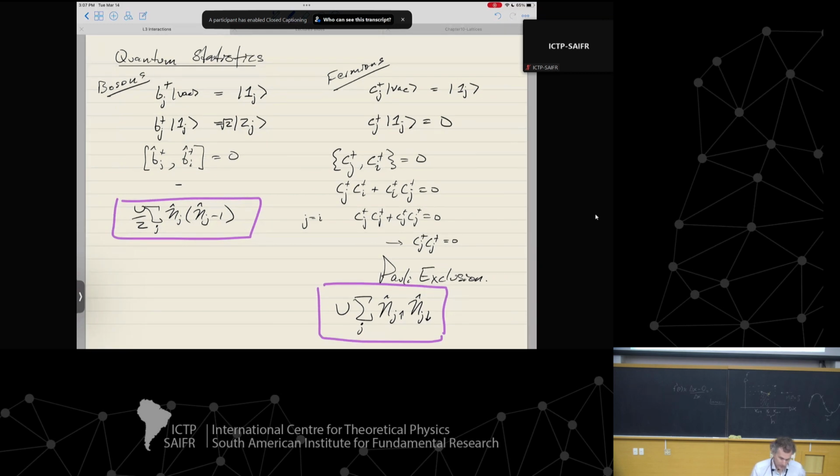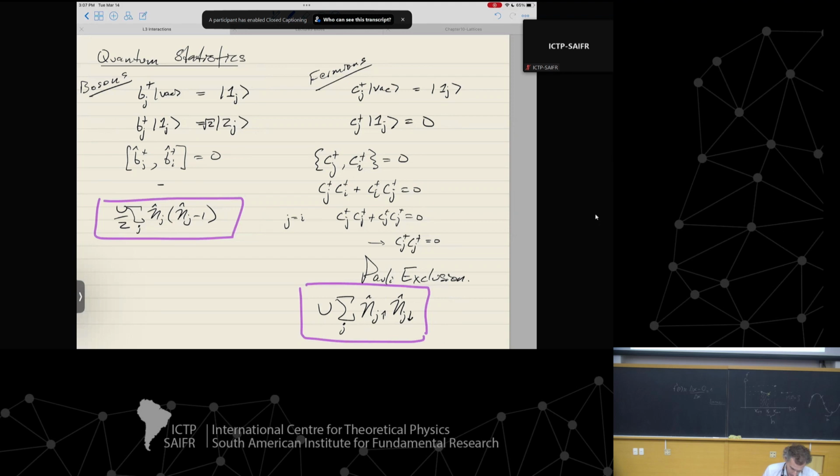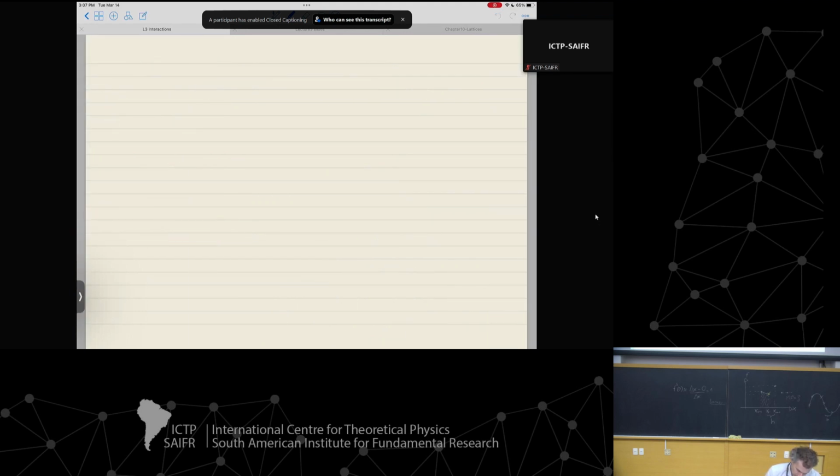So the last thing I want to tell you about then is this whole story again, but in momentum space. So far, we've talked about the Hubbard model written in terms of its Wannier states. I didn't really emphasize this, but when writing down this Hubbard model, we wrote minus t times these creation and annihilation operators.